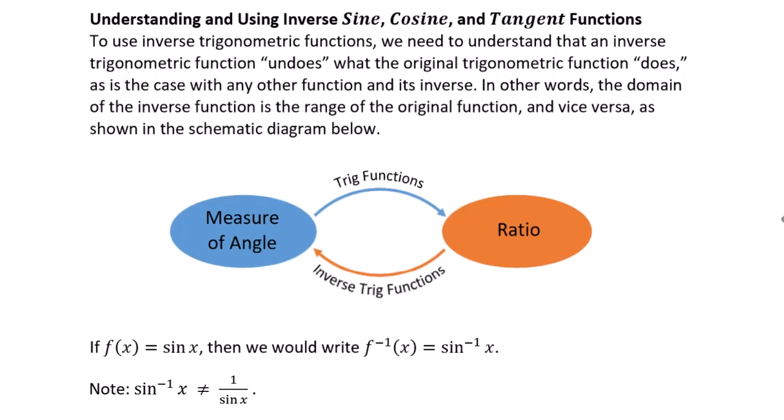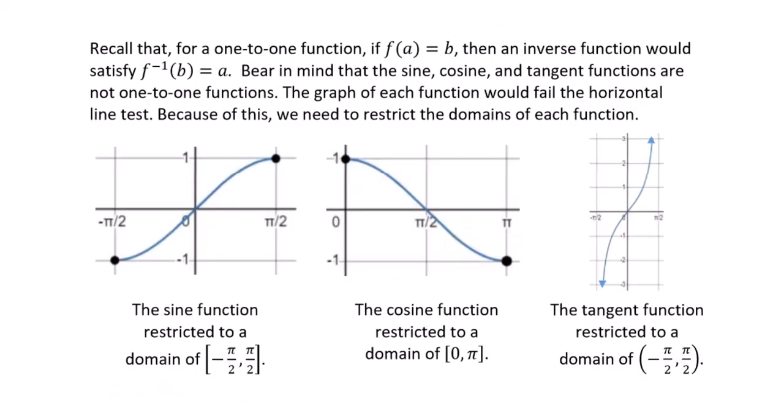Now, if f of x equals sine x, then we would write f inverse x equals sine inverse x, except we say inverse sine of x. Note that the inverse sine of x is not equal to 1 over sine of x.